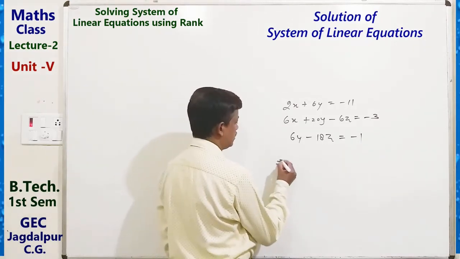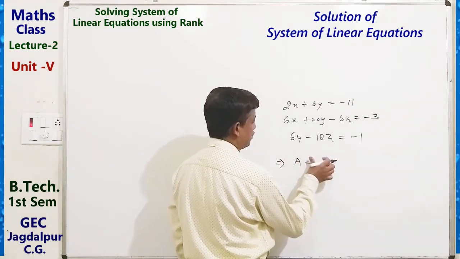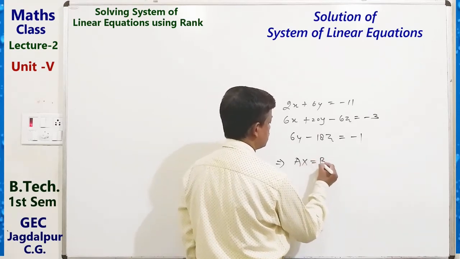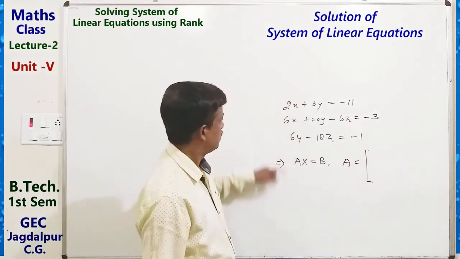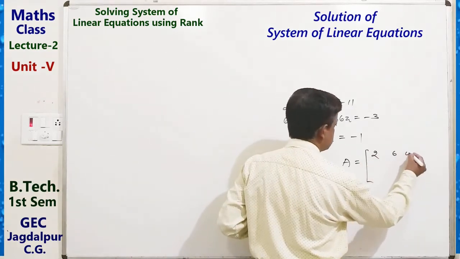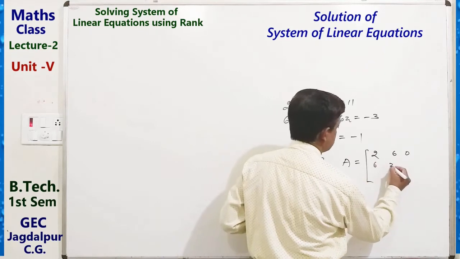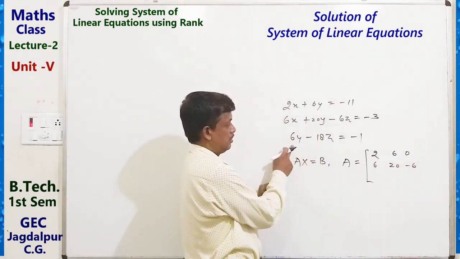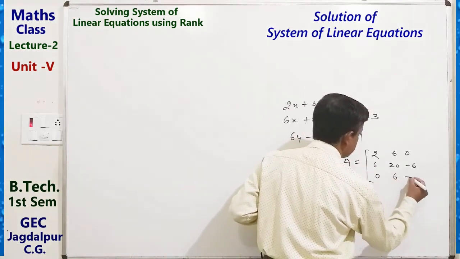So here A will be the coefficient matrix, Ax equals B. So A equals what? We can write the coefficients: 2, 6, 0; then 6, 20, minus 6; then 0, 6, minus 18.